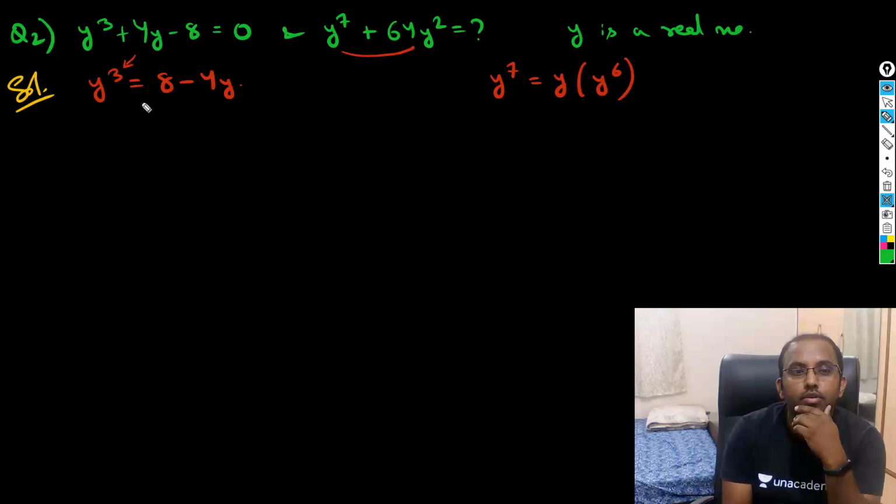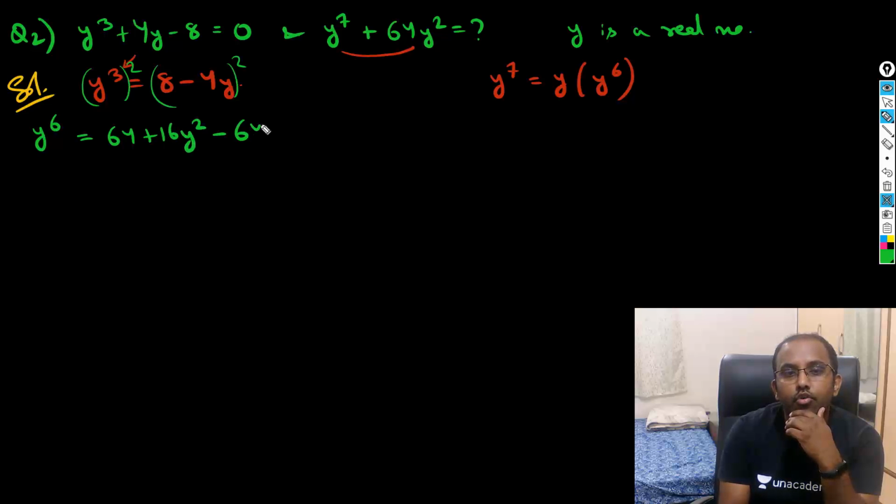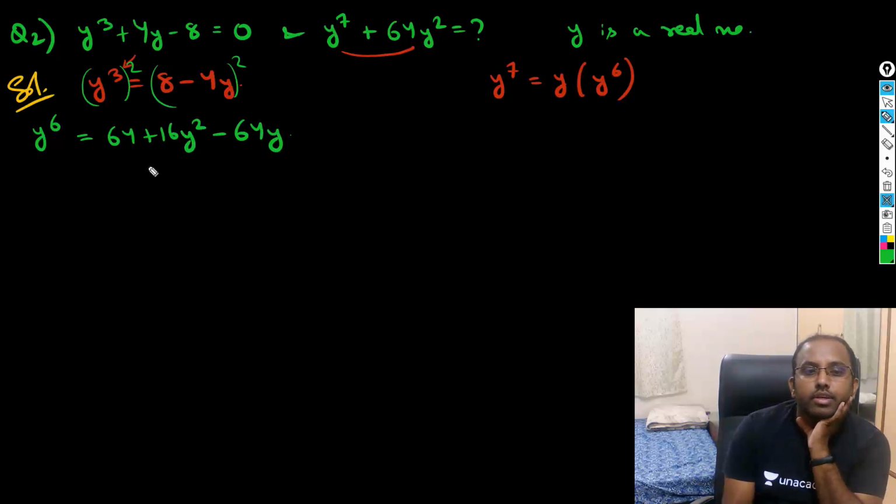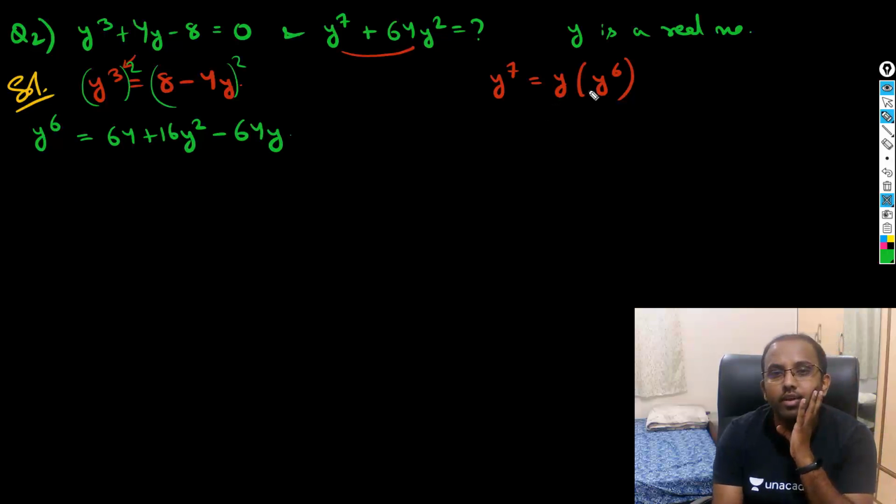So y cube is equal to 8 minus 4y, squaring it, I'll get y raised to 6 is equal to 64 plus 16y square minus 64y. And then from here I can just replace this y raised to 6 in this equation also.